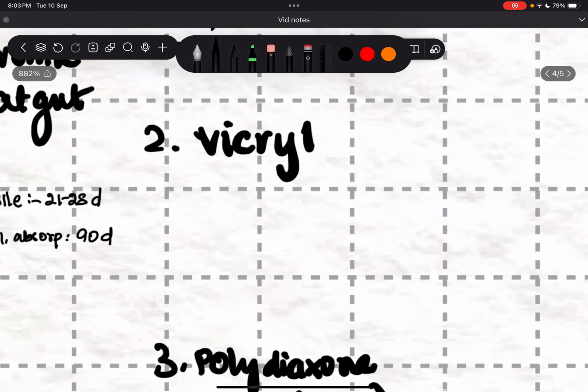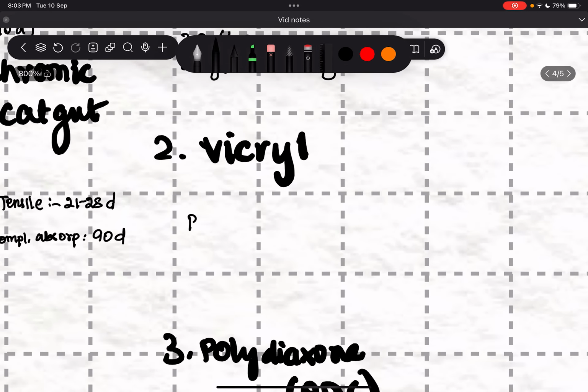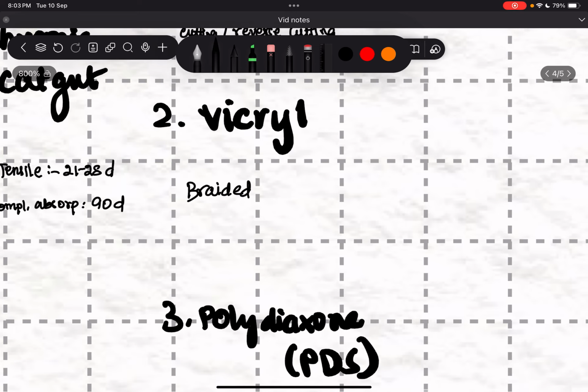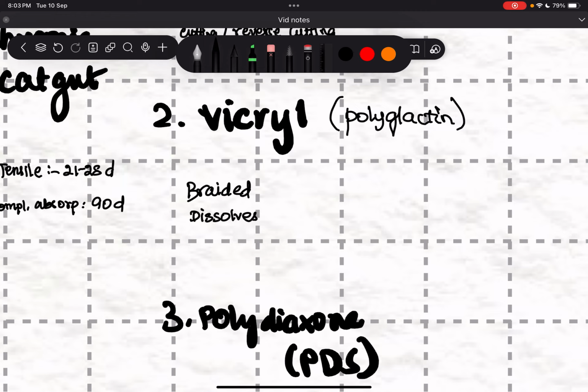Vicryl. Vicryl is a braided suture. Vicryl other name is polyglactin. Braided suture dissolves in 60 to 90 days.